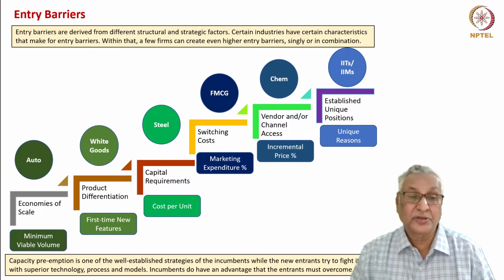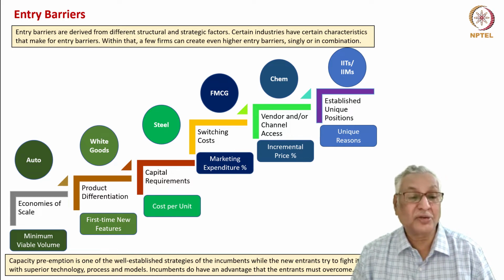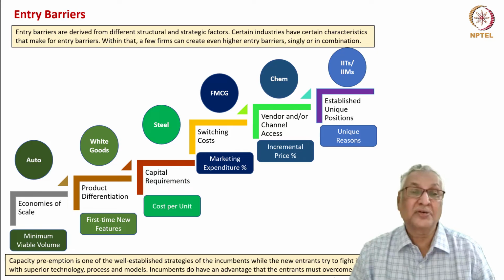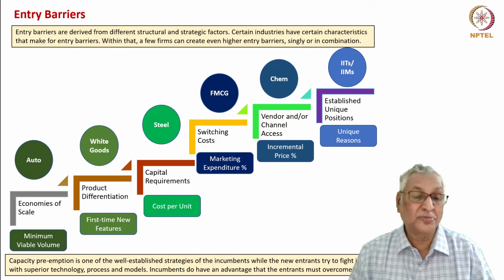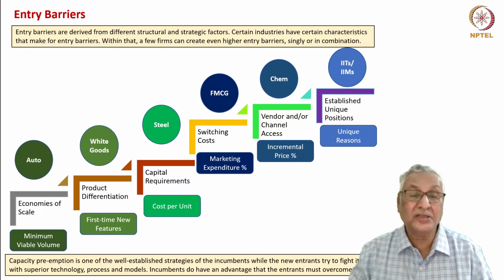In respect of two wheelers, you need to produce maybe 200,000 or 300,000 two wheelers to be viable. So, every segment of the automobile industry has a level of minimum viable volume, which is the economies of scale. For a newcomer to enter the automobile industry successfully, the company must be able to come in with a capacity that is higher than the minimum viable volume and also be able to sell that capacity into the marketplace.